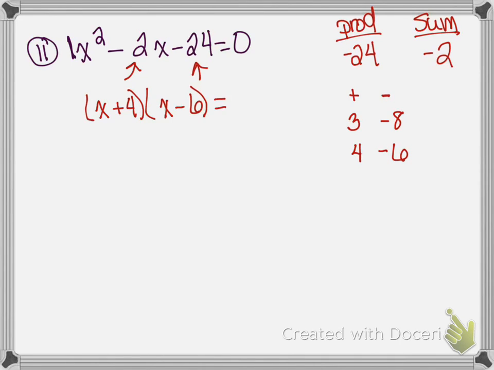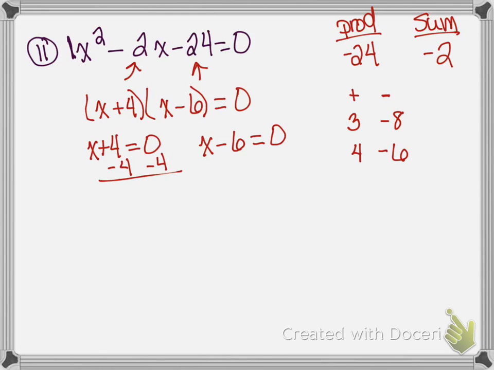And those are equal to what? What are they equal to? Good. Now I put x plus 4 is equal to 0, and x minus 6 is equal to 0. Okay? When I have x plus 4 equals 0, when I subtract 4 from both sides, what does my x equal? Good.